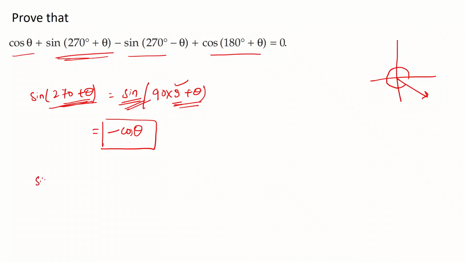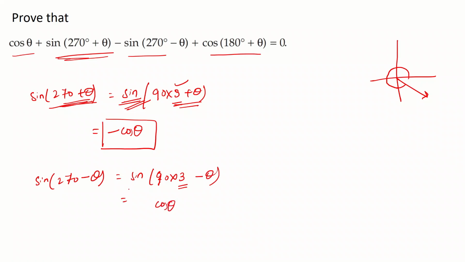Similarly, sine(270 − θ) can be written as sine of 90 times 3 minus theta. So 90 times 3 is an odd number, so change sine into cos θ.